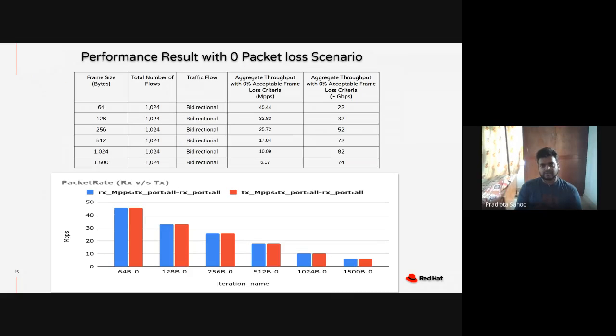In the zero packet loss scenario we also achieved good results, and all the tests were majorly executed in binary search, so we did not observe any performance degradation in the entire test.